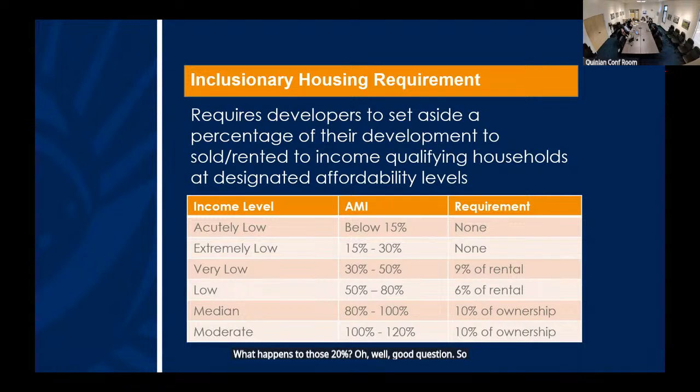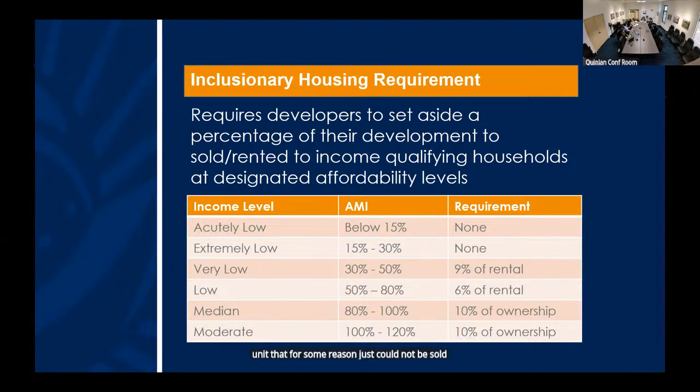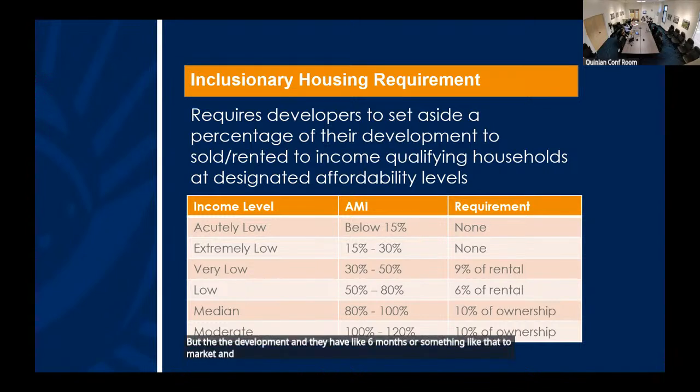In the rare case, and I don't think this has actually ever happened in the history of Cupertino, but if there was ever a below market rate ownership unit that for some reason just could not be sold, the developer has like 6 months or something like that to market and sell it. If even after then there are no bites, the developer is allowed to sell it at market rate with no restrictions.